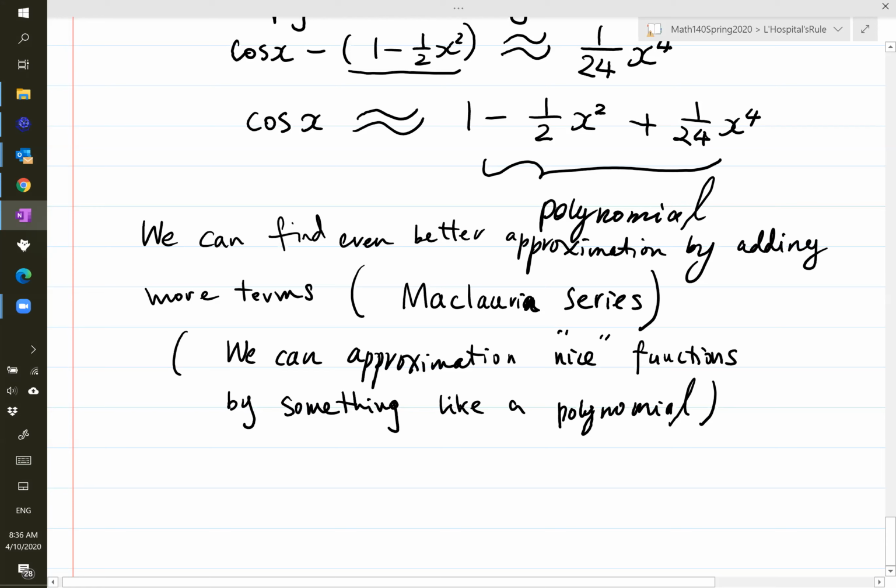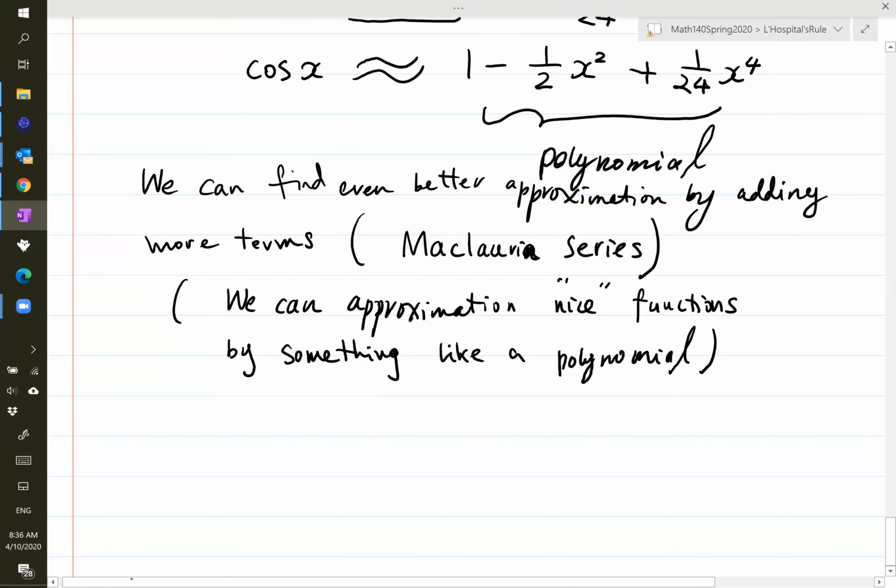Now more examples. Limit as x approaches 1 of ln x over x minus 1.